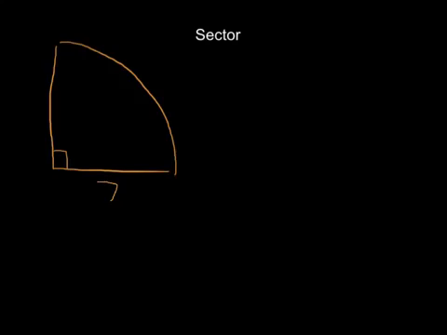So if this radius is 7, then this is also going to be 7. So I know that much for my perimeter. I know that I will at least have 2 times the radius, so 2 7s.